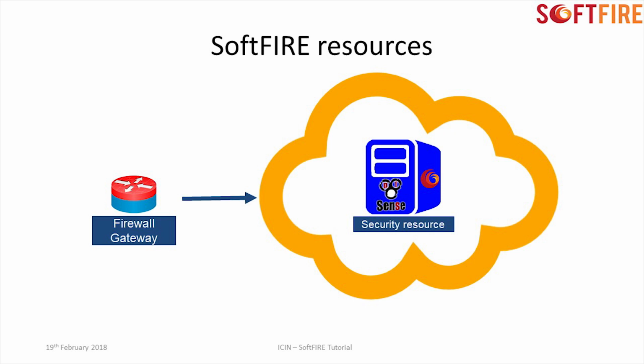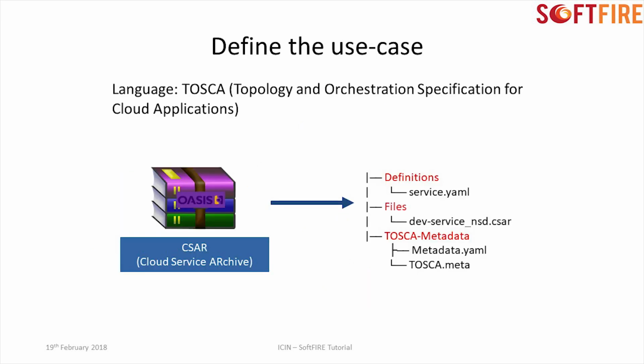Then we have the firewall gateway that will be mapped onto a security resource. Now we have 2 NFV resources and 1 security resource.